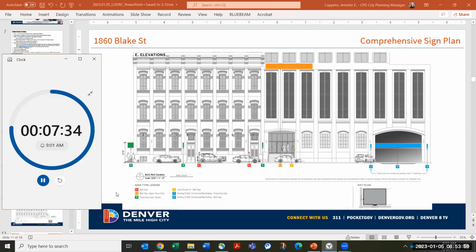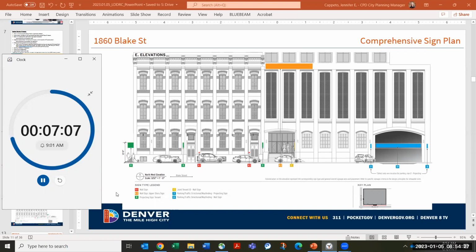There's nothing there currently, and we wanted to get this in the CSP. Also, for the design of the projecting sign, they'll only be allowed one. If you look, there's a keynote on the CSP elevation there. They can do one of those two, and the long horizontal D1 that you see there.